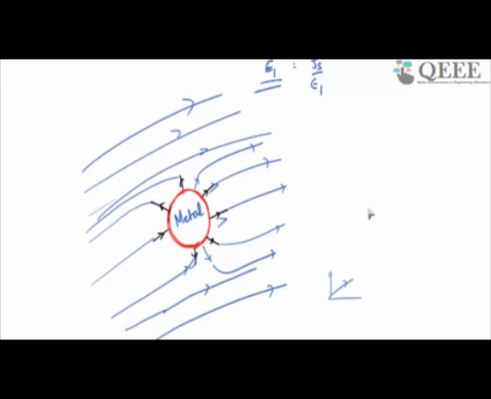Another interesting consequence is if I take a capacitor, let us say a parallel plate. This is metal 1, this is metal 2. How do I draw the electric field between them? It is very easy because I know that at the surface of the metal, the electric field has to be normal. So if the upper plate is at higher potential, my electric field is this.